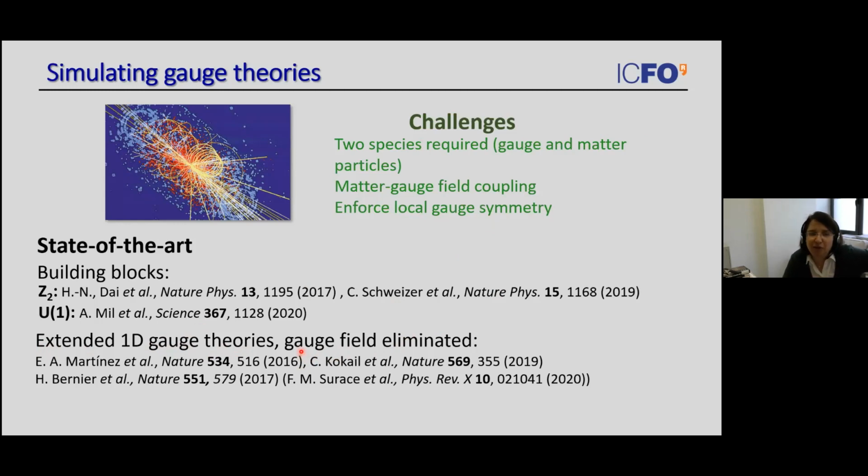There is a price to pay because by doing that, you really get funky interactions for the matter. For them, they got long-range interactions for the ions, but this is something that they could actually implement, and they have done it beautifully in this first paper in 2016, and also more recently using some variational quantum simulation tricks.